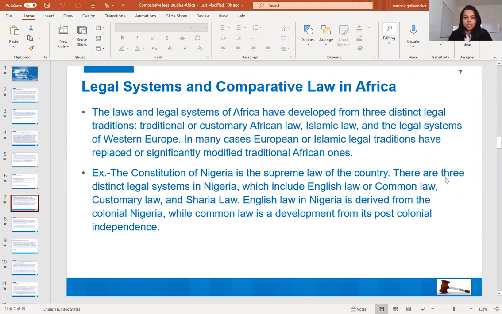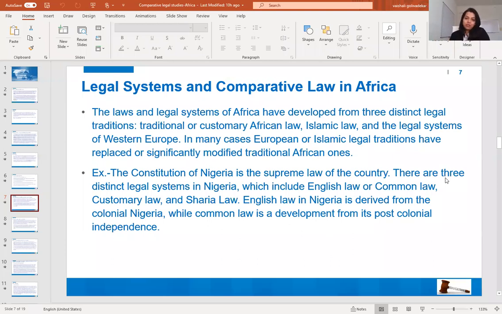In many cases, European or Islamic legal traditions have replaced or significantly modified traditional African ones. So three legal systems are in operation in Africa, in combination, and it depends on the country. It is just an example.